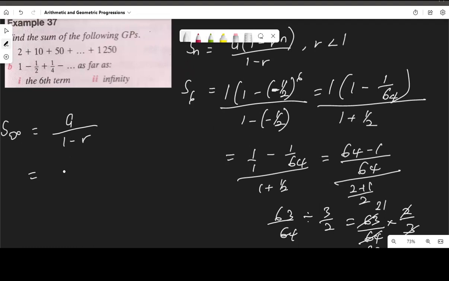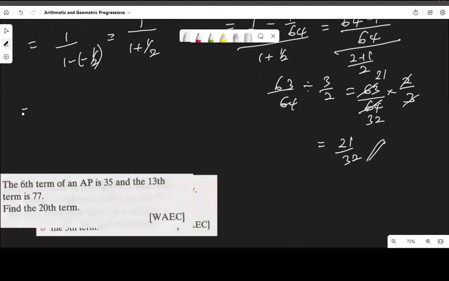A is 1, and 1 minus R is minus half. This will be 1 over 1 plus half, which is 1 and a half, the same thing as 3 over 2, and this will be 2 over 3. So the sum to infinity is 2 over 3.